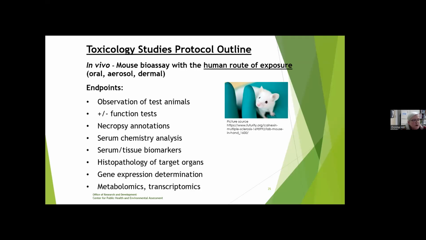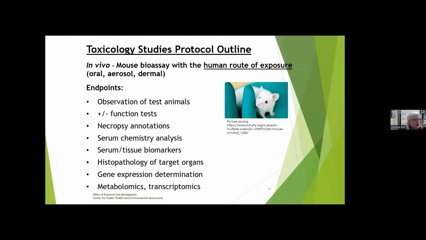There are also other biomarkers that can't be included in this serum chemistry analysis, but there are separate tests that we can use to look for different biomarkers for different problems. We can take tissue and do histopathology or specialized immunohistochemistry staining, which helps with mechanisms sometimes as well.